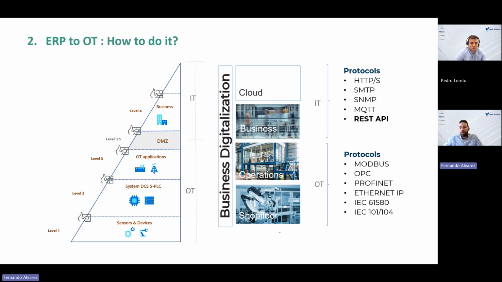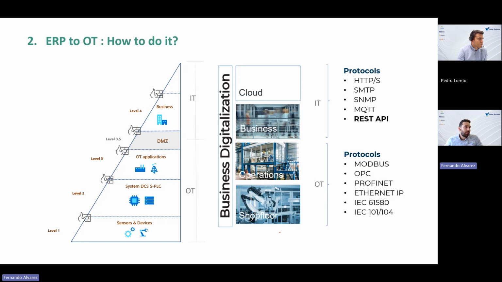So basically, when we talk about a communication between an ERP system and our OT network, we are talking about a communication between IT and OT. We need to fill the gap, or we need to have a software or a tool in the middle that allows us to communicate in a secure way with our OT infrastructure, and this tool has to be compatible also with the technologies of IT.